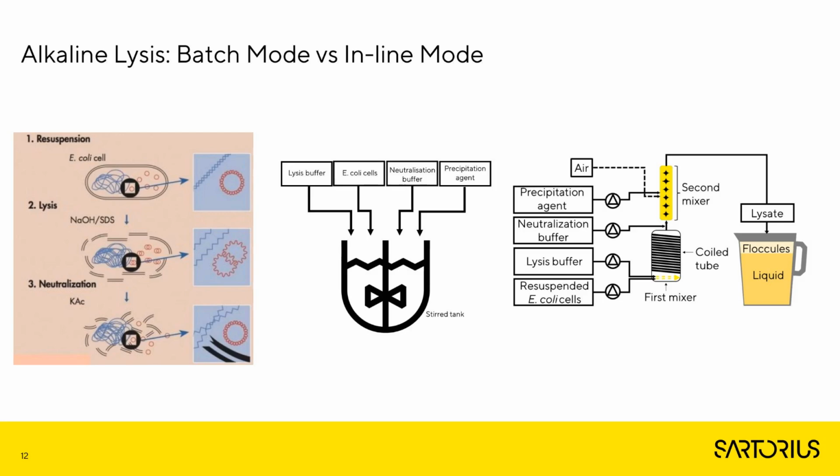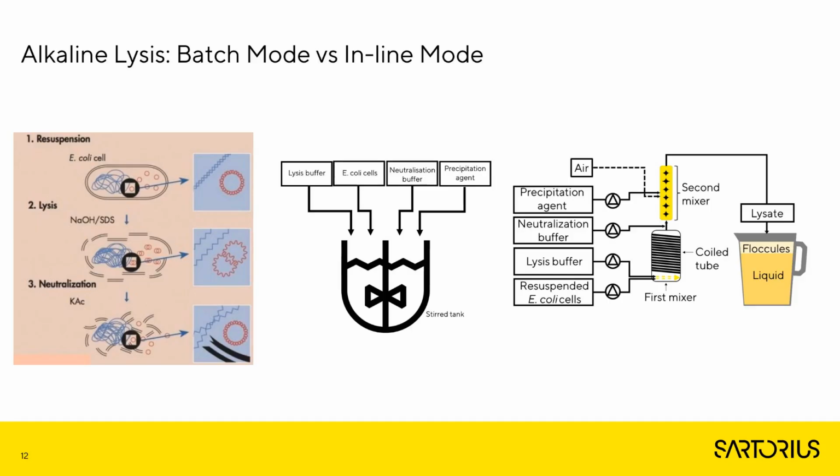That opens up the gateway, if you like, for plasmids to be released. But soon after, the same sodium hydroxide also starts to denature DNA. It can start to shear genomic DNA and produce relatively unpleasant impurities that we then have to tackle in the downstream process.